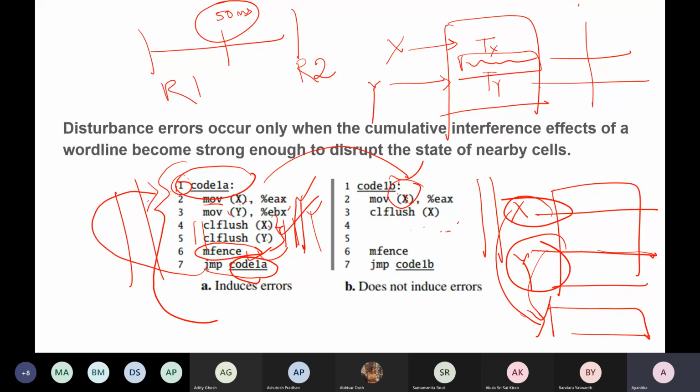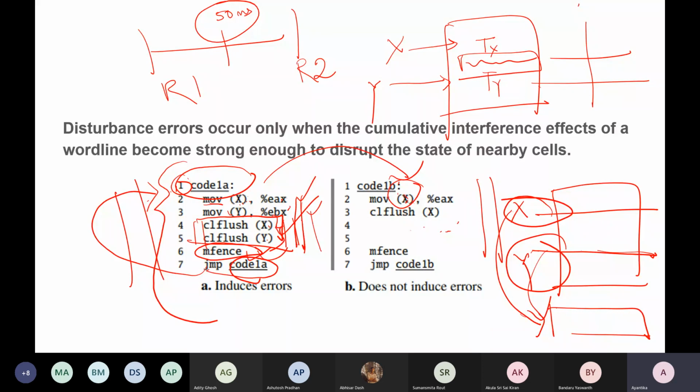But since this is an adversarial method, where the adversary is targeting this code for an attack, these two lines are added. They clear the data from the cache, so that every time the access hits the dynamic RAM, and due to that EM effect, conduction effect, and so on. I will show you the reference again next day.